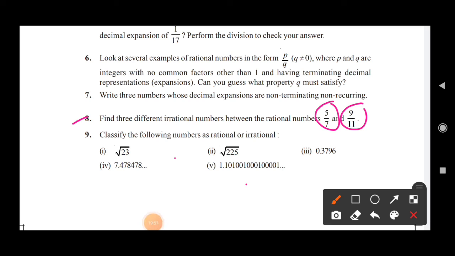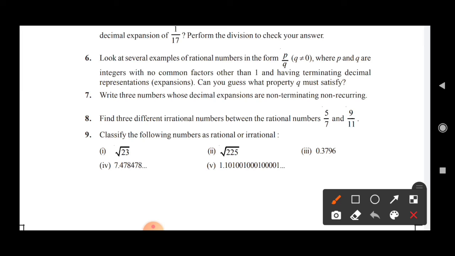If you divide 5 by 7, then you will get a decimal number, and like that in this case also. You can try this yourself, and this screen does not have sufficient space, so I am unable to do this.